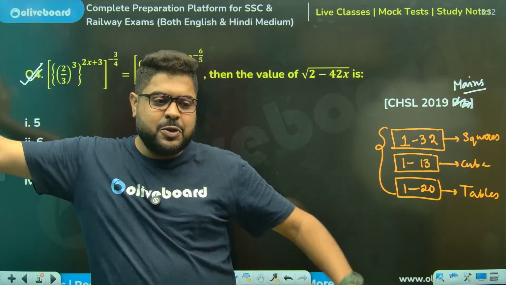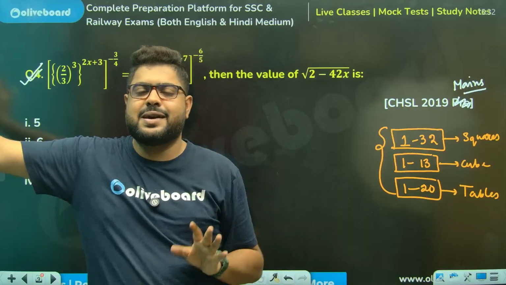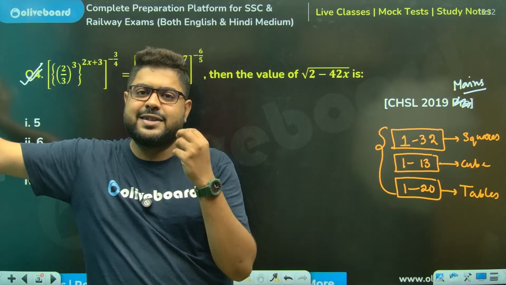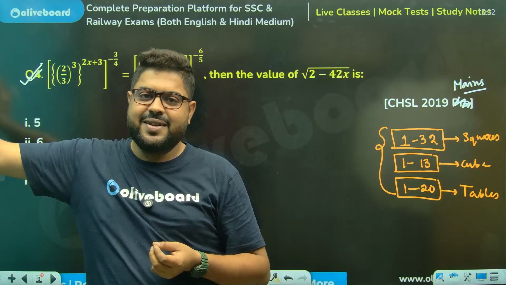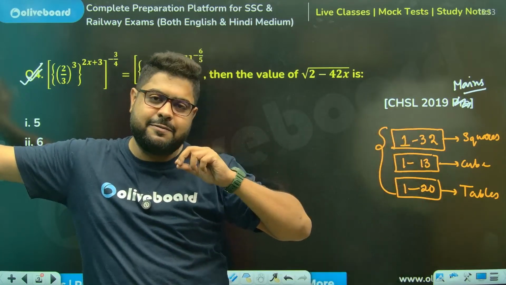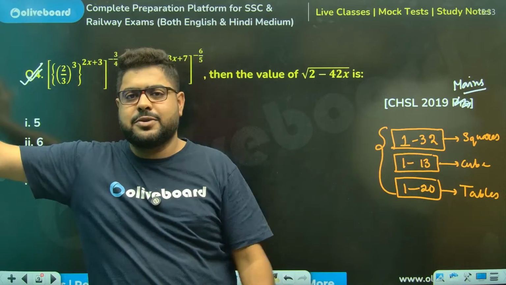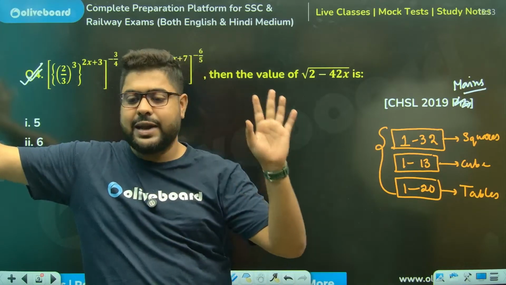Look at it twice a day, every day, like an antibiotic course for 1 month. When you use these in calculations, they will automatically be remembered. You don't need to put in any effort.